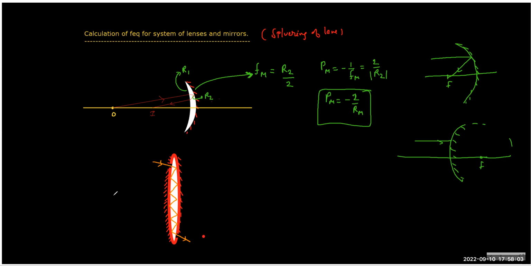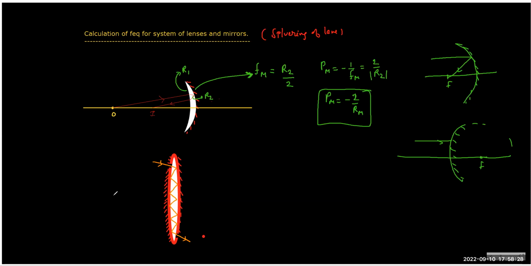Think again. Lens means it will deviate the light ray. While entering, the first deviation will happen when the light enters the first time. The last deviation is when the light exits.